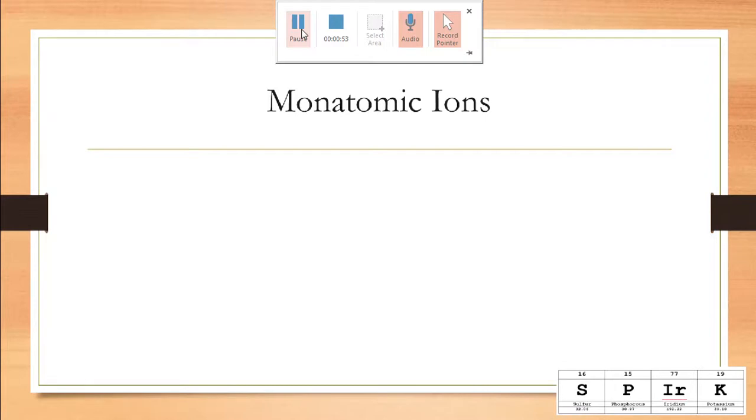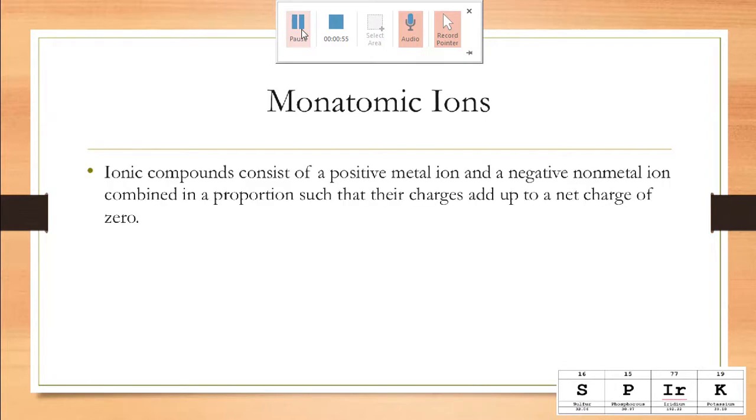The next thing we're going to talk about is monatomic ions. Ionic compounds consist of a positive metal ion and a negative nonmetal ion combined in a proportion such that their charges add up to a net charge of 0. If we break down the ionic compound sodium chloride, we know that sodium, Na, carries a +1 charge, and chlorine carries a 1 minus charge.